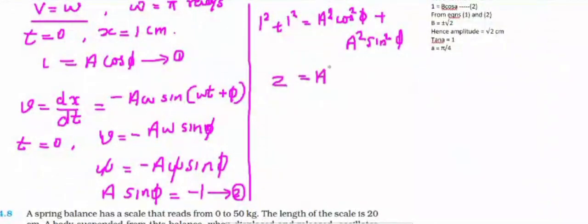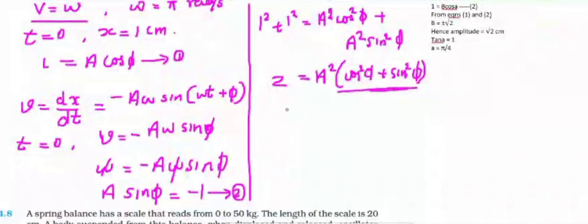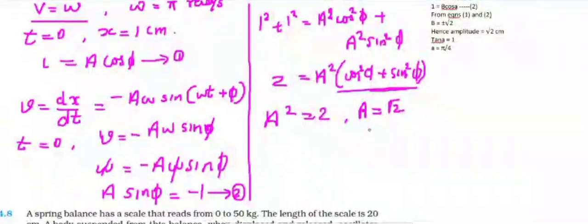Here a square you can take common, so you will get a square times cos square phi plus sine square phi. Cos square phi plus sine square phi is 1. So you will get a square is equal to 2, or a is equal to root 2.